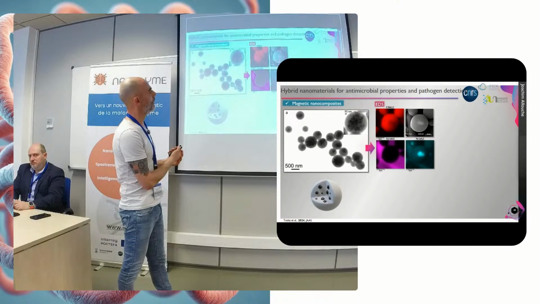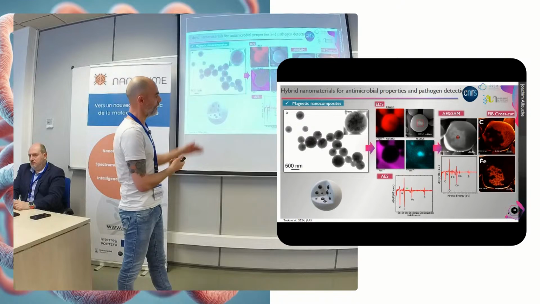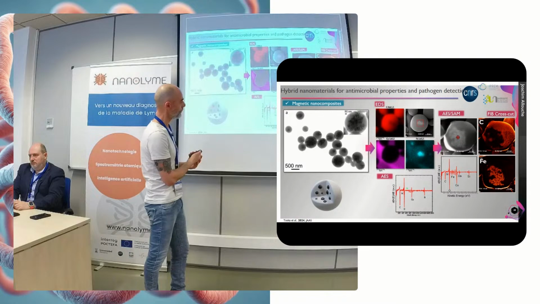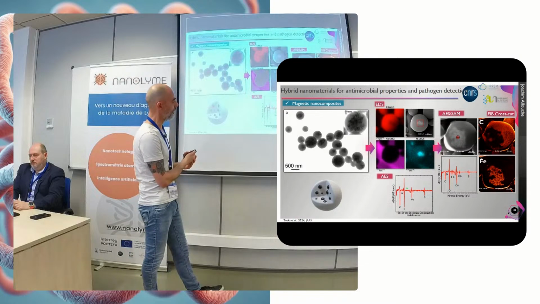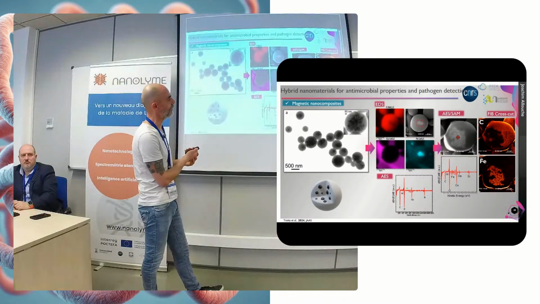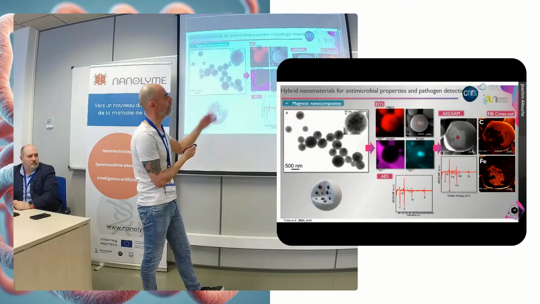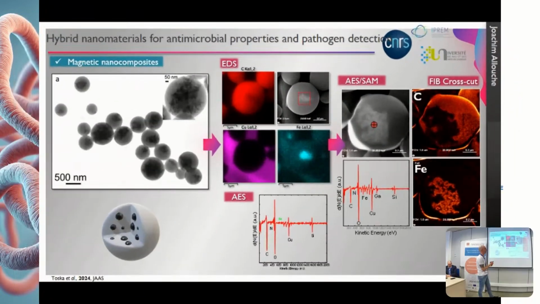So we observe that in these particles we detect iron, but by Auger, which is a surface technique, we don't observe an iron signal in this particle. After a cut, we can do a mapping of the cut section of one single nanoparticle, in order to identify that effectively we have iron inside the particle and not outside.